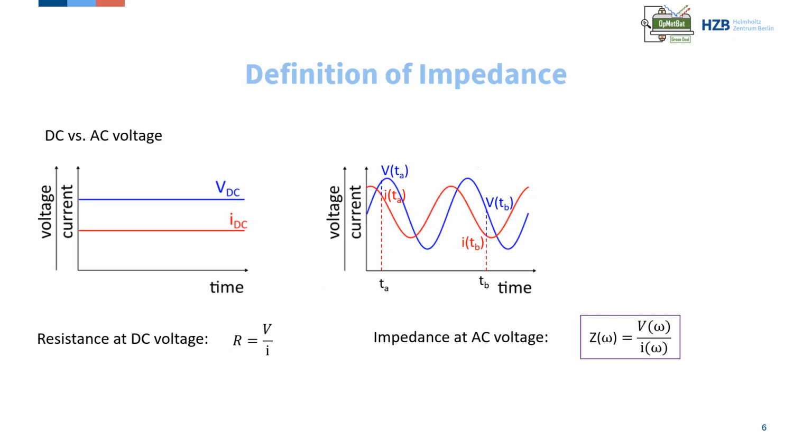Once we know about the resistance for circuits with direct current, we can know about impedance for circuits with alternating current. For the case of the impedance, the voltage and current do not have a constant value, but an oscillating variation along time.